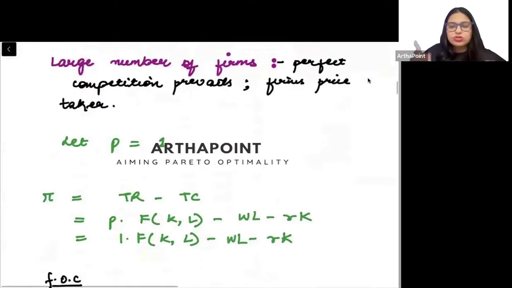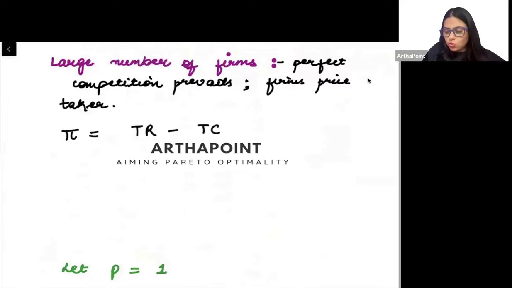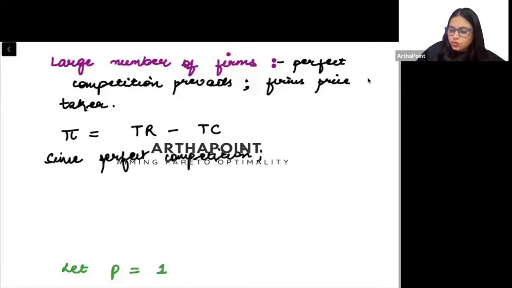तो perfect competition होने से क्या हो जाता है? We know that whenever we talk about perfect competition, there is no economic profit. कोई भी economic profit नहीं होता है. So if I were to write my profit function, it is total revenue minus total cost, right? And since it is perfect competition, we know that profit is going to be 0.